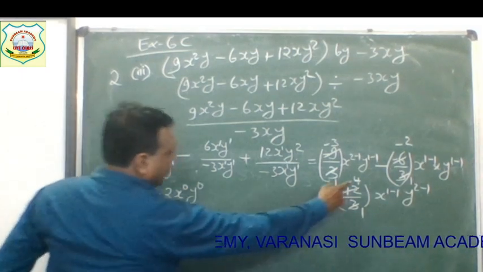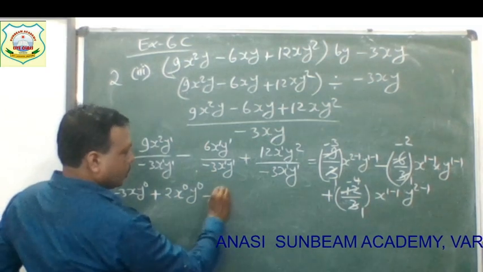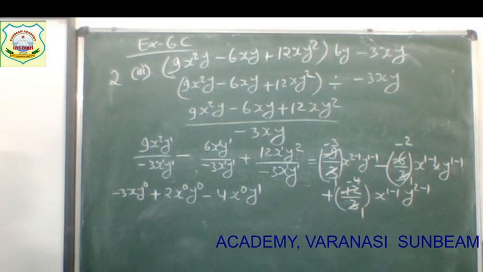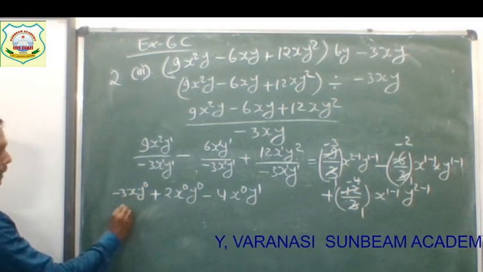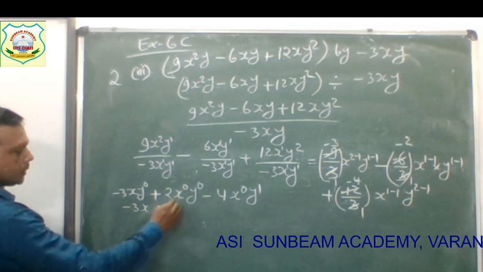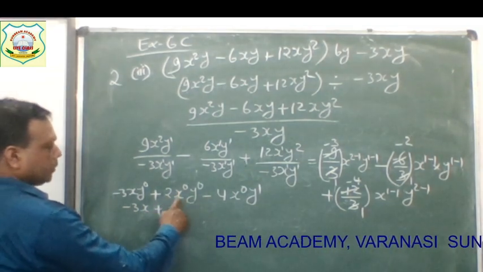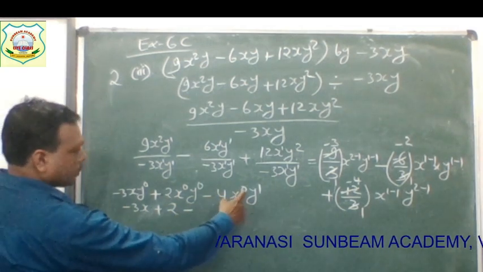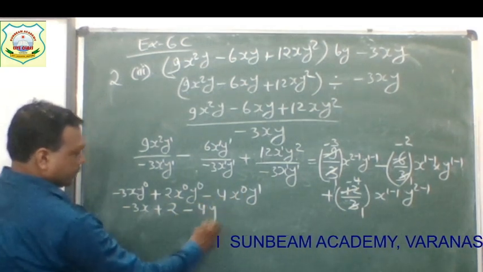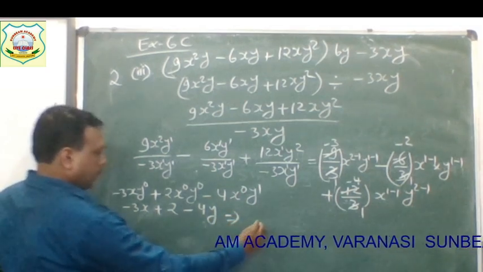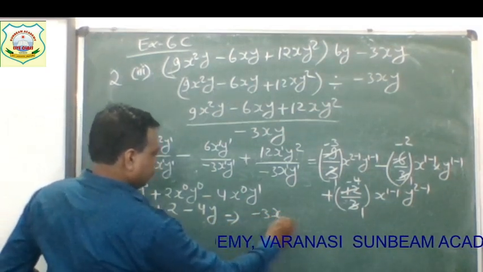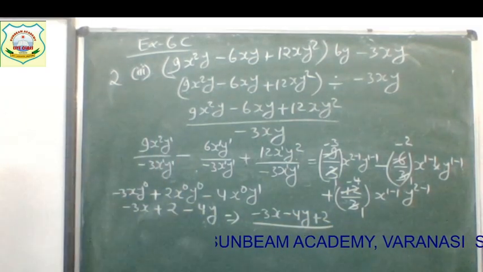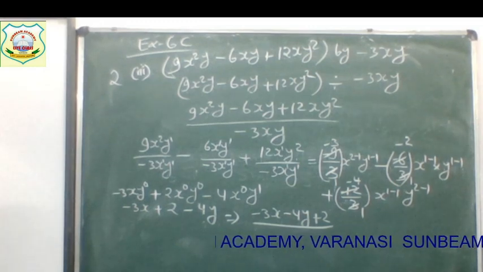Here minus plus minus, so minus 4 x power 0 and y power 1. y power 0 value is 1, so minus 3x will come, plus 2 x power 0, y power 0, both are 1, so 2 into 1, that is 2, minus 4 x power 0 is 1, so 4y. So the answer will be minus 3x minus 4y plus 2. We will write this way. So students, note it down.